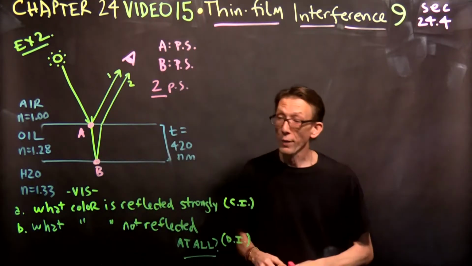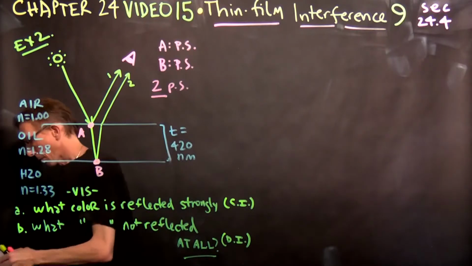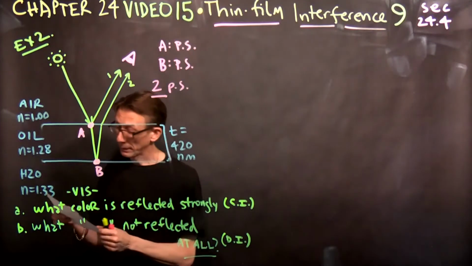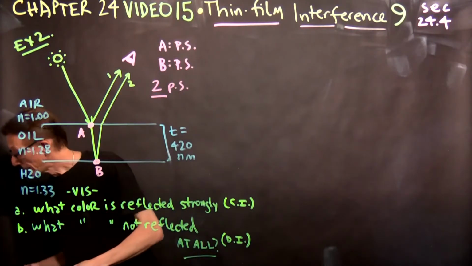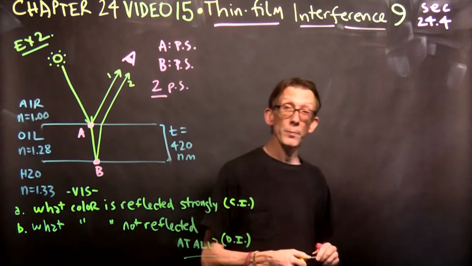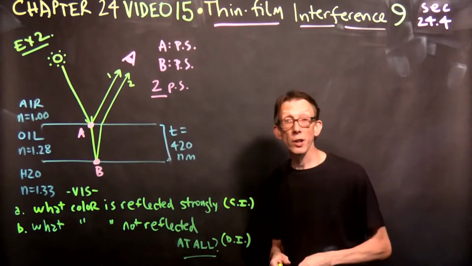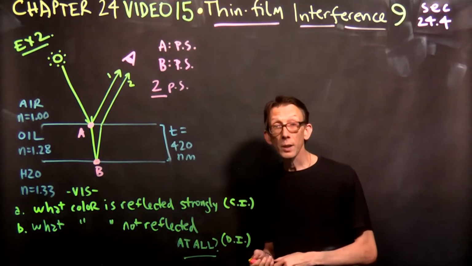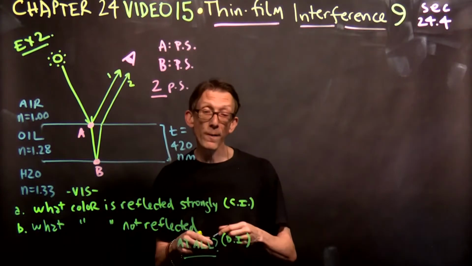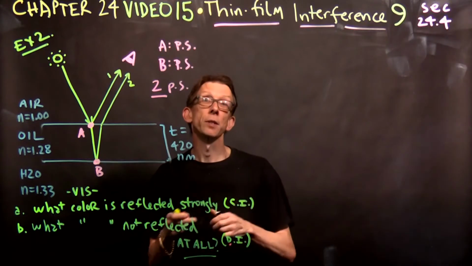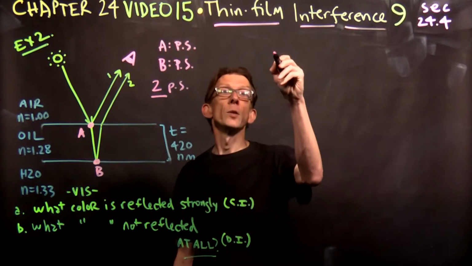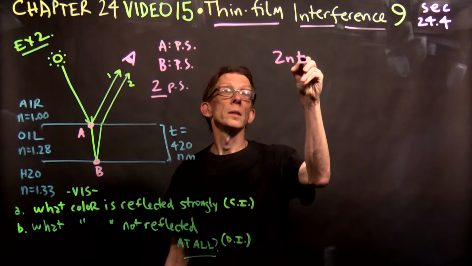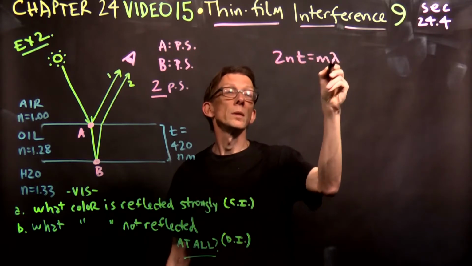Okay. So if you look back at our formulas from earlier, if there are no phase shifts, or if there are 2 phase shifts, then the condition for constructive interference is 2nt equals m lambda.